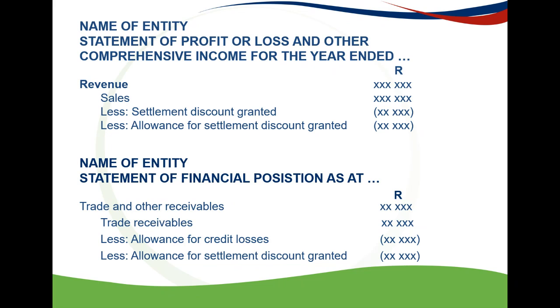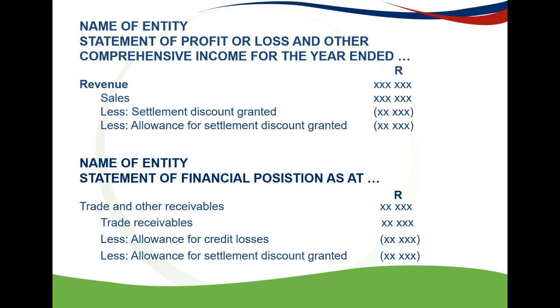So your allowance for settlement discount granted will have a credit balance. Although it is an asset, we call it a contra asset or negative asset, meaning although it is an asset, it does not have a debit balance, but now it has a credit balance.